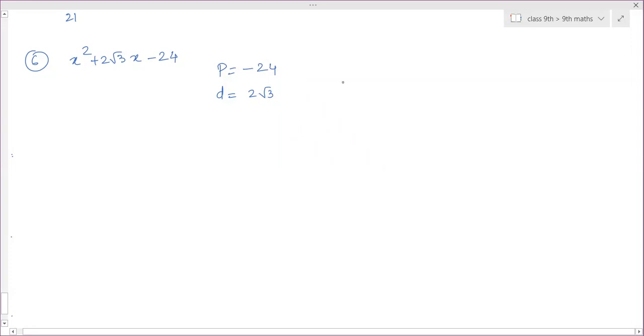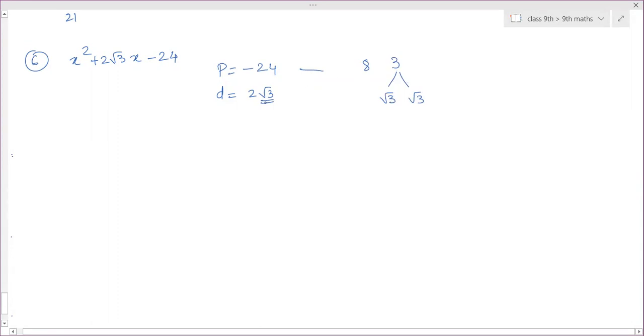So 24, we have to factorize as 8 into 3 first. Then this 3, we can write as root 3 into root 3. Whichever the square root term is there, we need to take that term and factorize it as root of that value into root of another value.